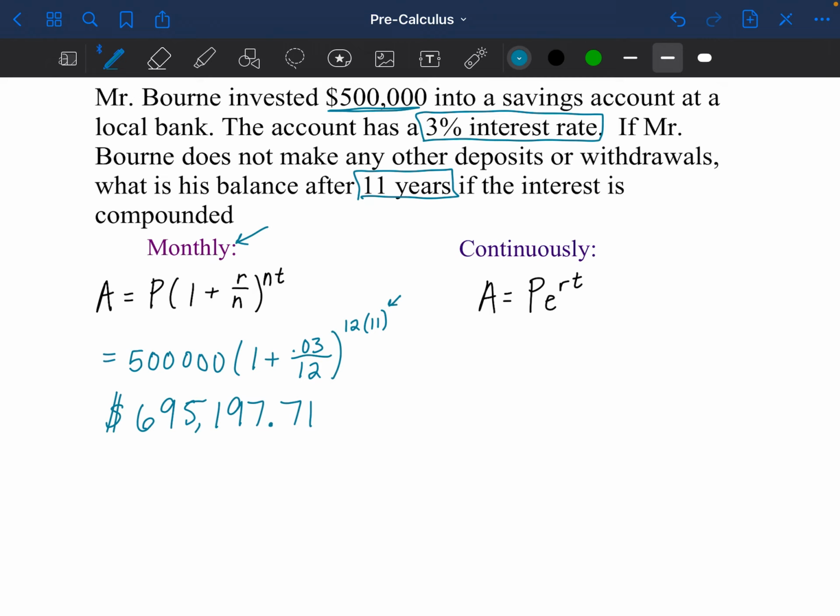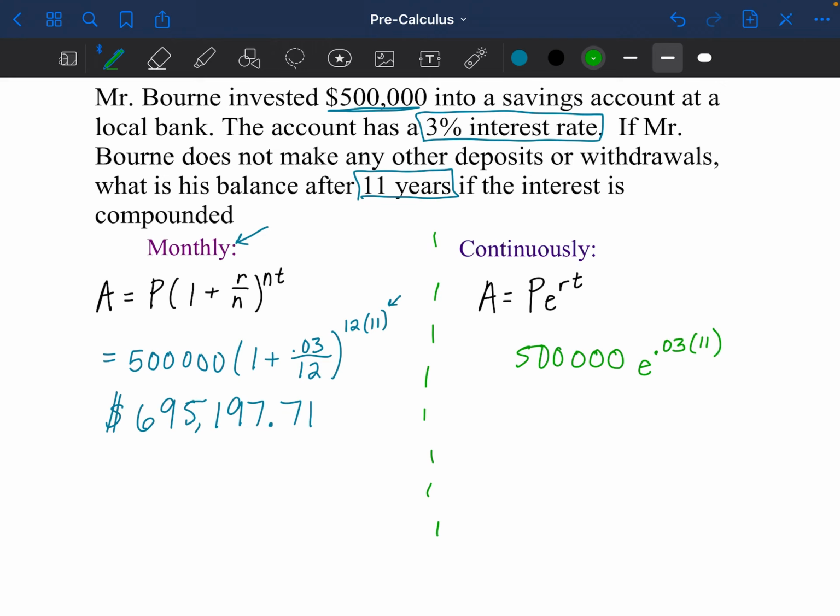Pretty neat. When you compound continuously, let's see how it changes. So compounding continuously, we still have that initial principal of 500,000 times e to the r, same interest rate of 0.03, times time in years, well, that's going to be 11 years. When we plug this one into our calculator, the e to the x button is right above our natural log button.